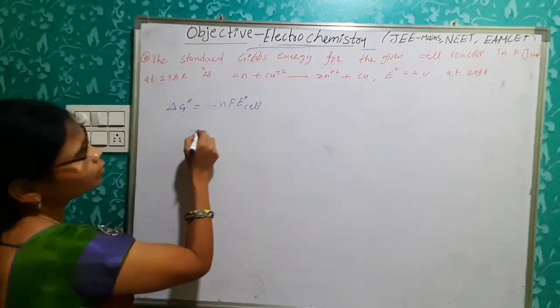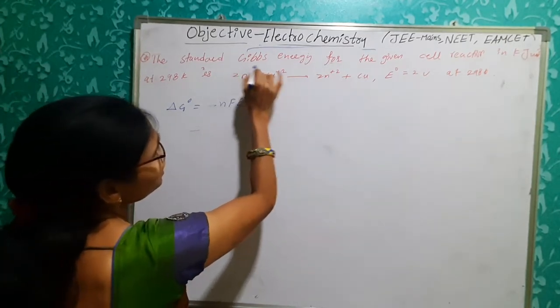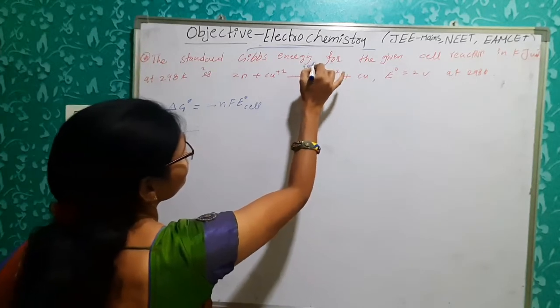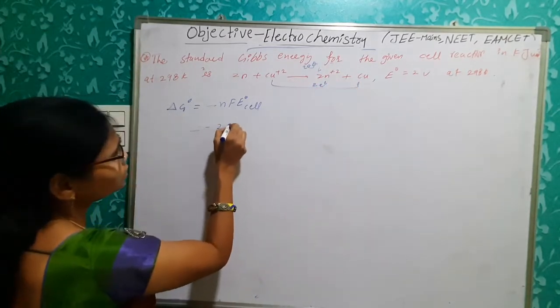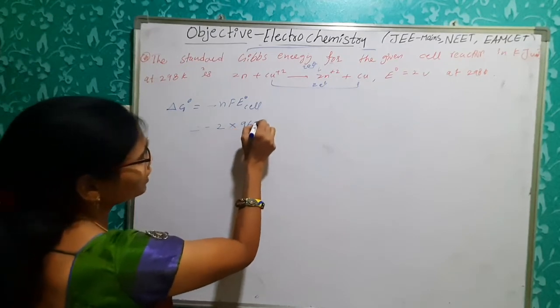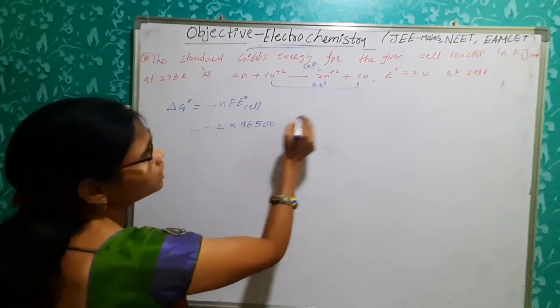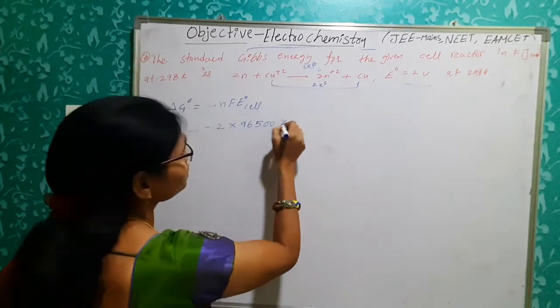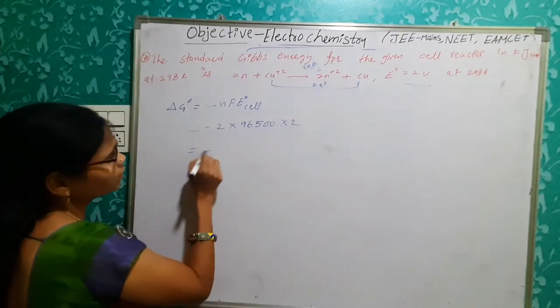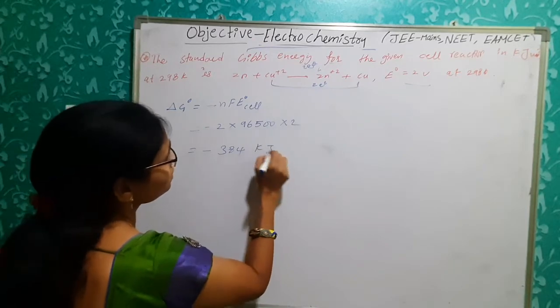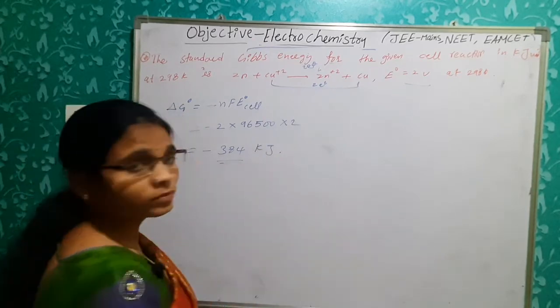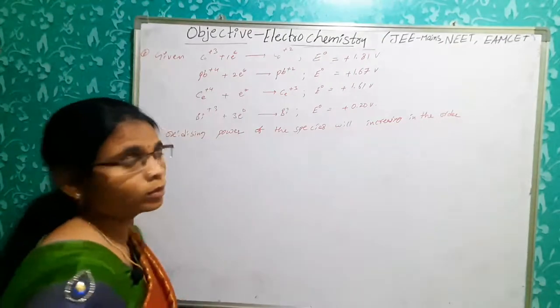How many electrons transfer here? Here to here 2 electrons, here to here also 2 electrons. So the number of transferred electrons is 2, the Faraday value we know very well is 96,500 coulombs, and E naught is given as 2 volts. By multiplying we will get 384 kilojoules. Clear? Next problem.